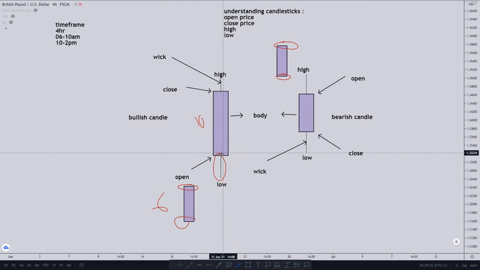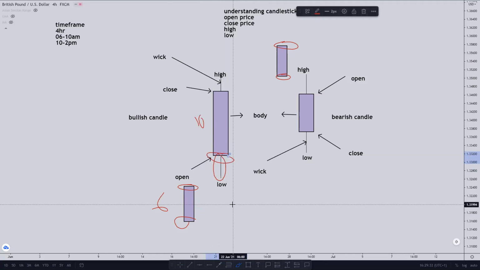Even if price goes as far as, I don't know how many pips, 1,000 pips, the body of that candlestick is going to start where price opened at 10 a.m. So now price fluctuates for that duration of 4 hours, and then it comes here and pushes back up, and this is the highest price it went during that time.